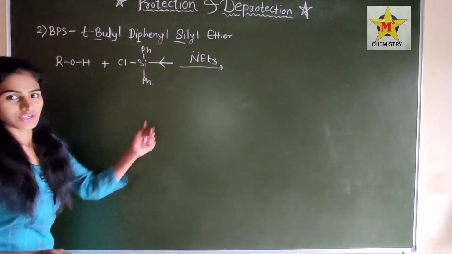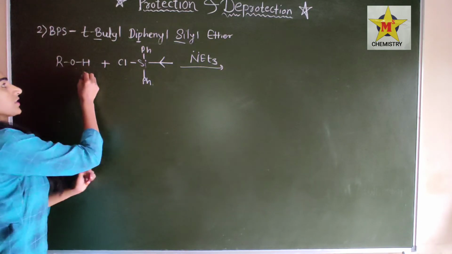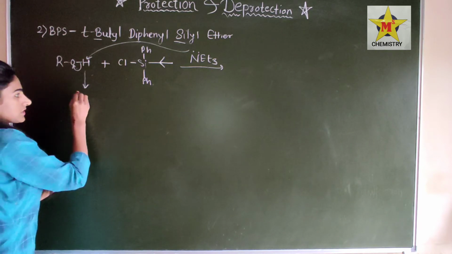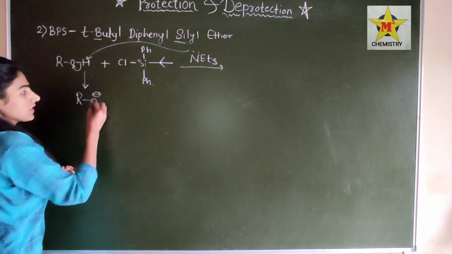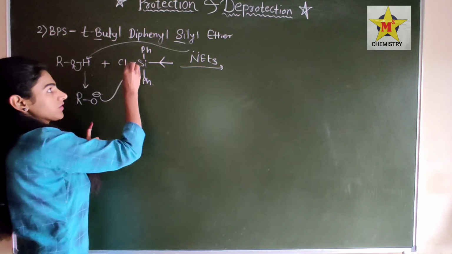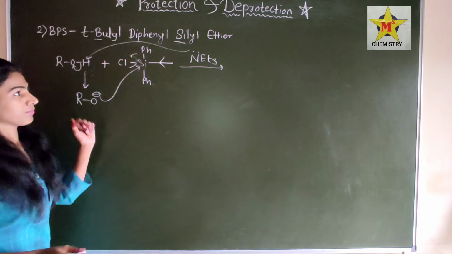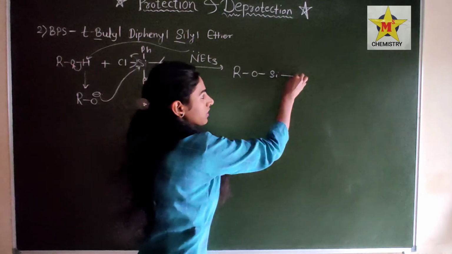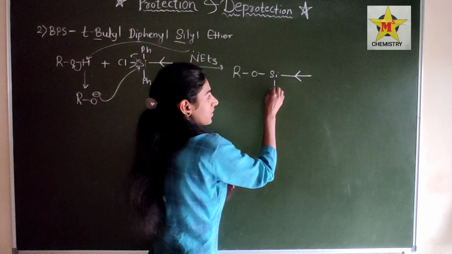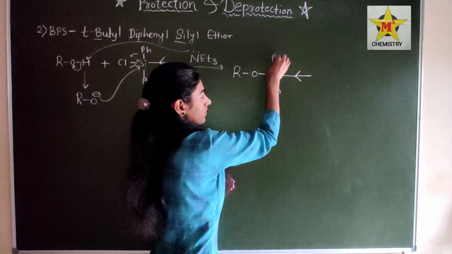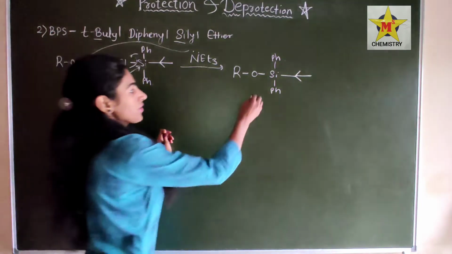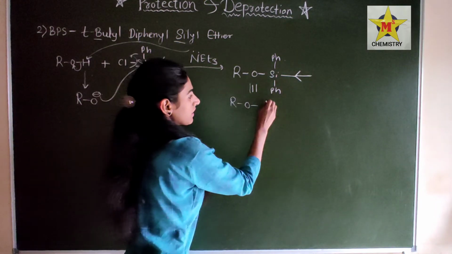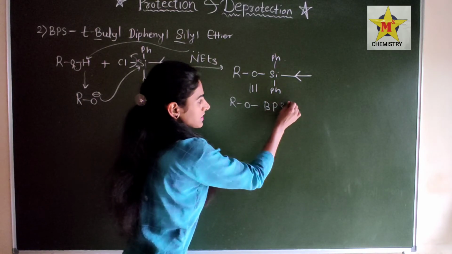this is also a nitrogen containing base which abstracts the proton hydrogen, and it becomes RO minus. This O minus will attach over the silicon and the chlorine will depart, and there is formation of RO-silicon with a tertiary butyl group and two phenyl groups. We can also write it as RO-BPS.